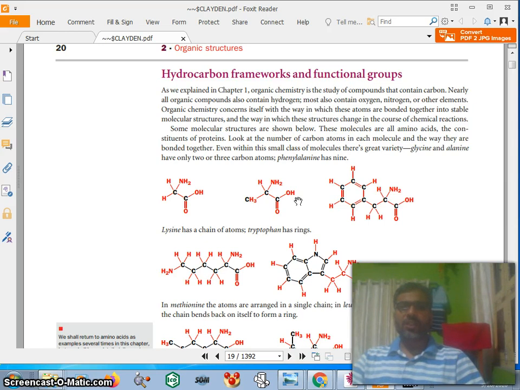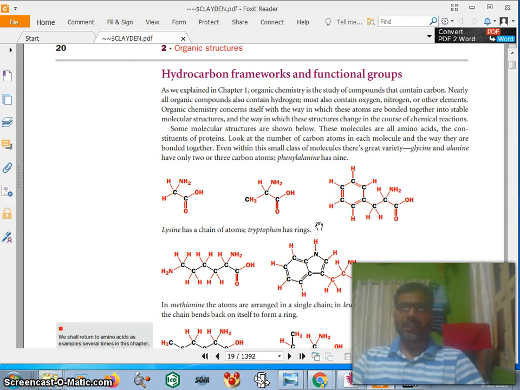So some molecular structures you can see here. These molecules are also amino acids, the constituents of proteins. Look at the number of carbon atoms in each molecule and the way they are bonded together. Even within this small class of molecules, there is a great variety. Glycine and alanine have only 2 or 3 carbon atoms.